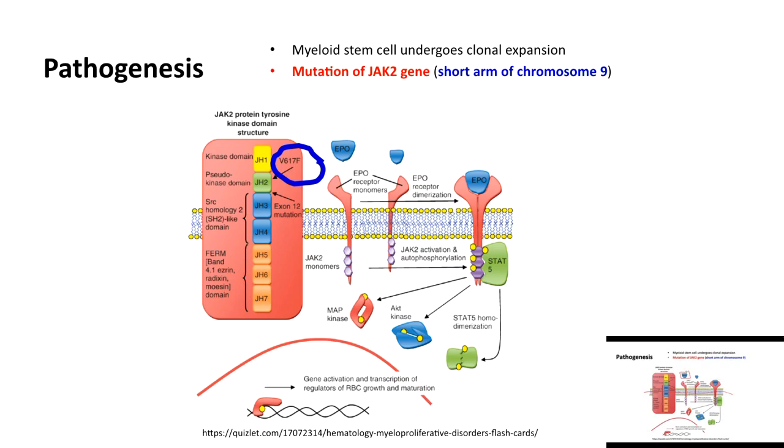Once the receptor is dimerized and the signal is transmitted all the way to the nucleus, transcription happens, cell proliferates, right? But then there is a very specific mutation, V617F.